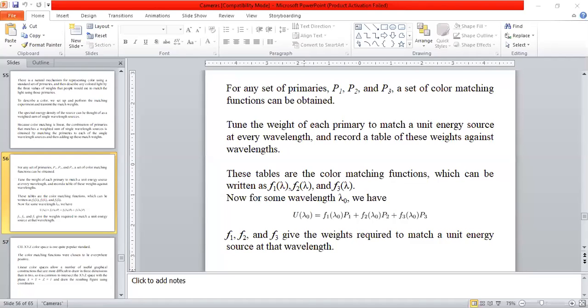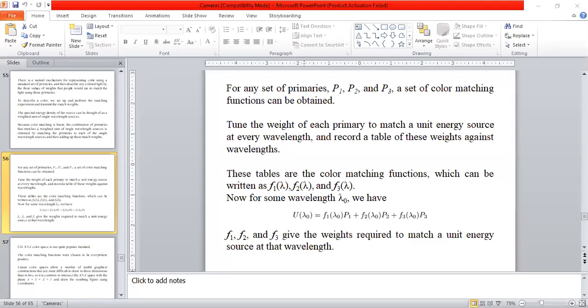If I slowly change the weight values of the red primary as well as the blue primary, from red I will get an orange color. Then if I tune the weights further, from orange the color will change into yellow. So for different values of W1, W2, W3, I get different colored lights.